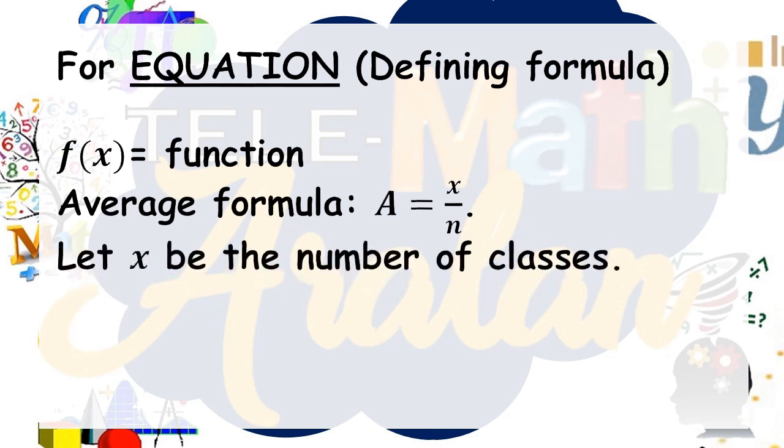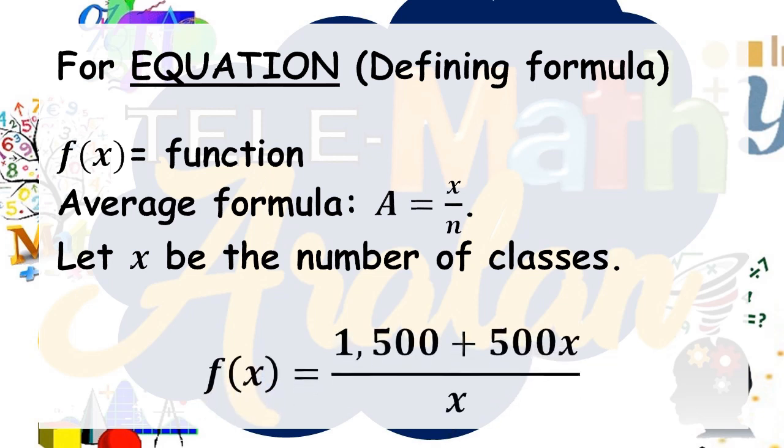And let x be the number of classes being attended. Note that 1,500 pesos is a fixed price you need to pay, plus 500 pesos per class you attended, divided by the number of classes. Therefore, the equation will be f of x is equal to 1,500 plus 500x all over x.